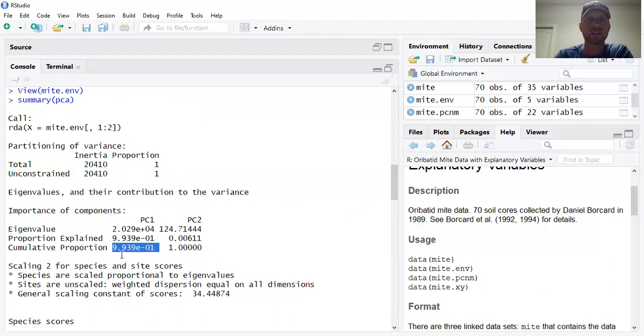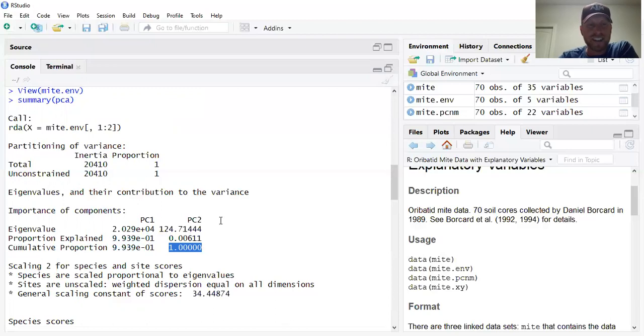So 99% of the variation in the relationship between these two variables is explained in PC1. And then principal component 2, the proportion is less than 1%. So here's the proportion explained by each of the PCs, and then there's a running cumulative proportion which will always sum to 1 when you get to the end of all of your PCs.